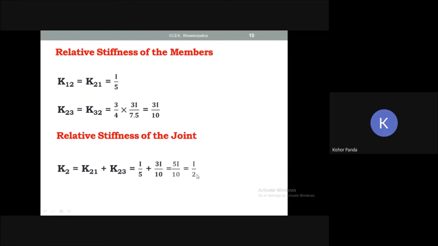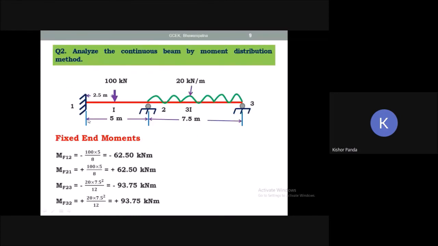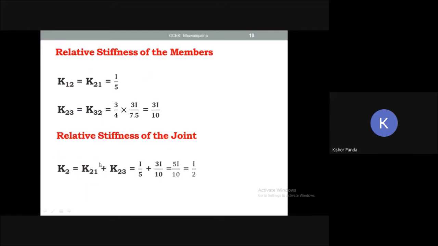Then find out the distribution factor. You know, if the end is fixed, the distribution factor is equal to 0. And if the end is simply supported, you take the distribution factor as 1.